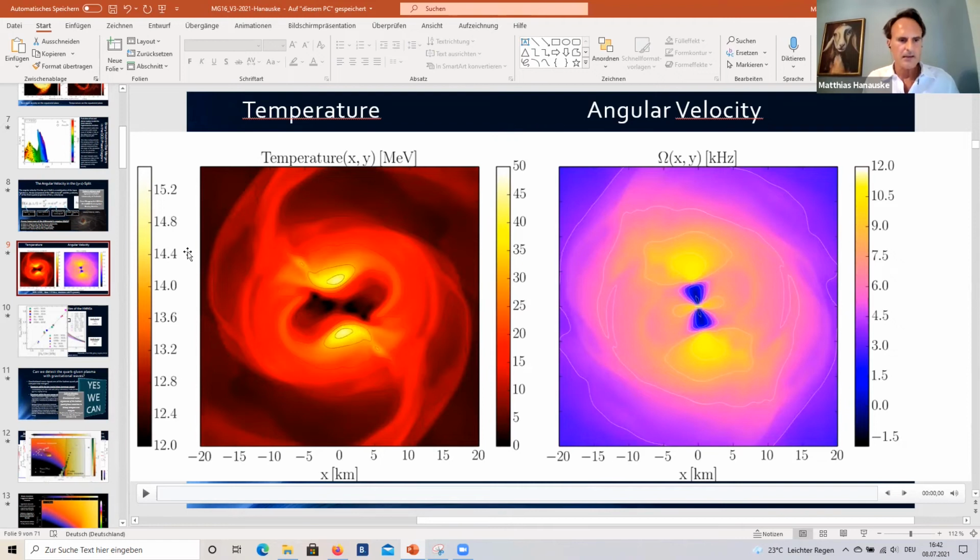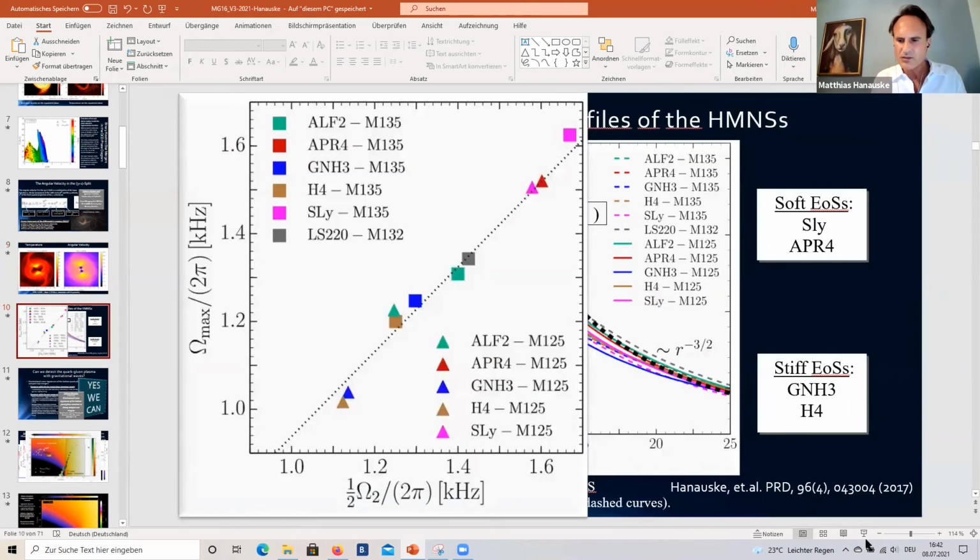Yeah, exactly. Here it is different. One sees it in all of the simulations that we have, and all the other groups also see it. One sees these temperature hotspots first, after maybe 3-4 milliseconds, and these temperature hotspots are strongly at the positions of the angular velocity, and I can maybe just show you where they appear.